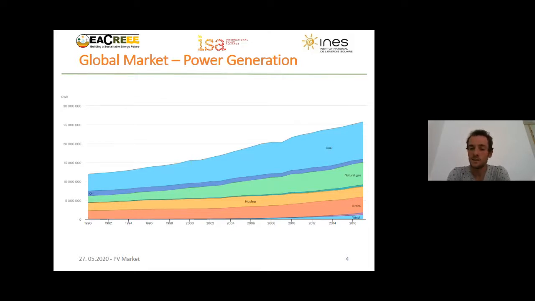And there is still a large part of oil and natural gas as well. The three fossil fuels account for about 60% of global power generation to produce electricity. So the global electricity mix in the world is still dominated by fossil fuels.